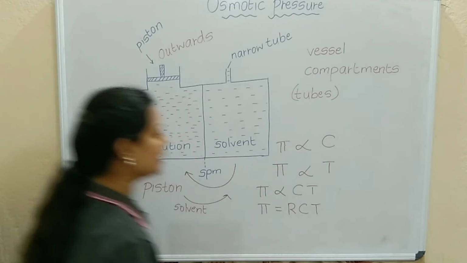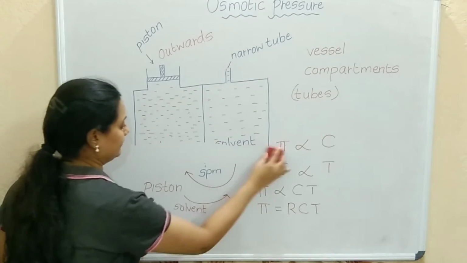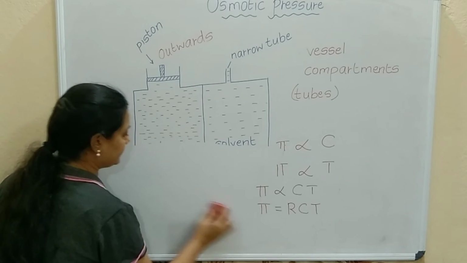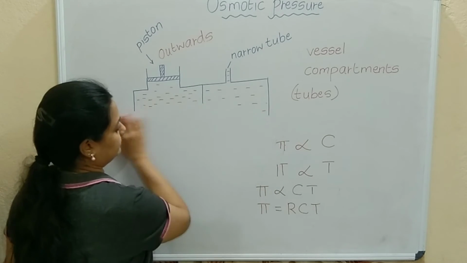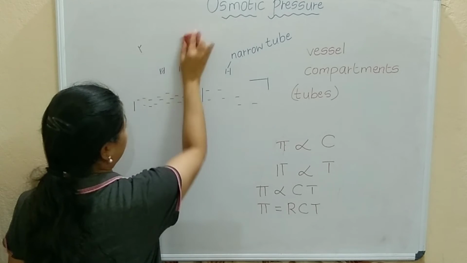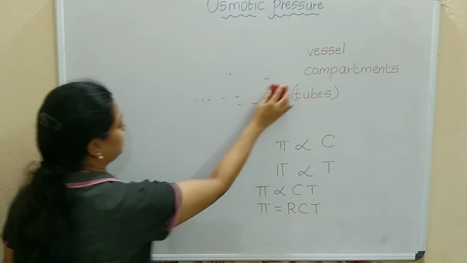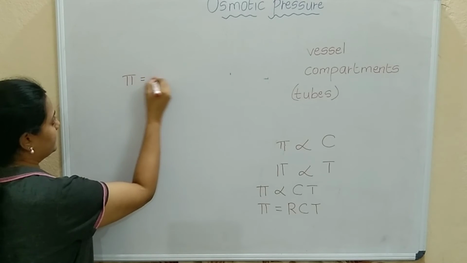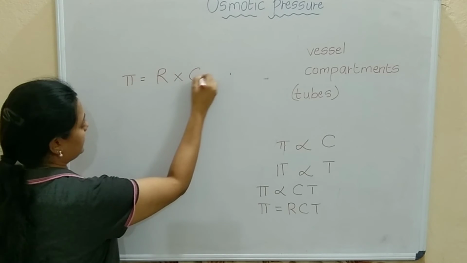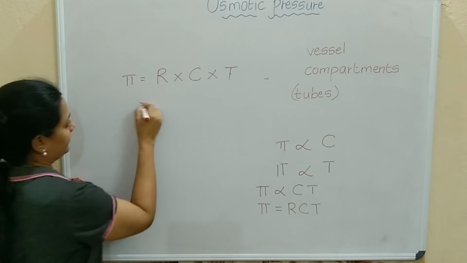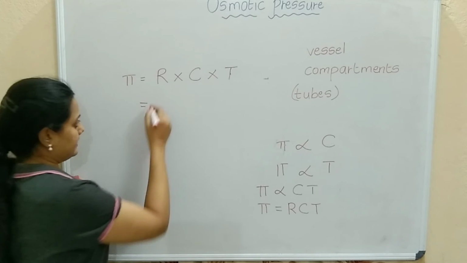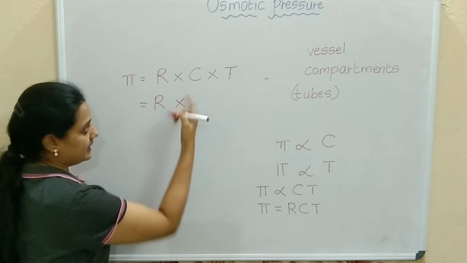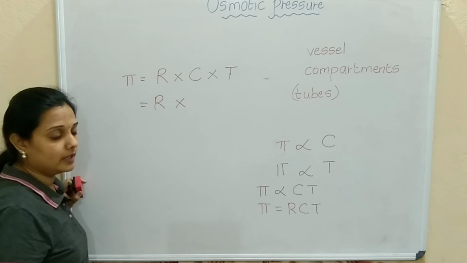Correct? What is R here? It is a constant. So, pi is equal to R into C into T. R we will keep as it is. What is C? Concentration.